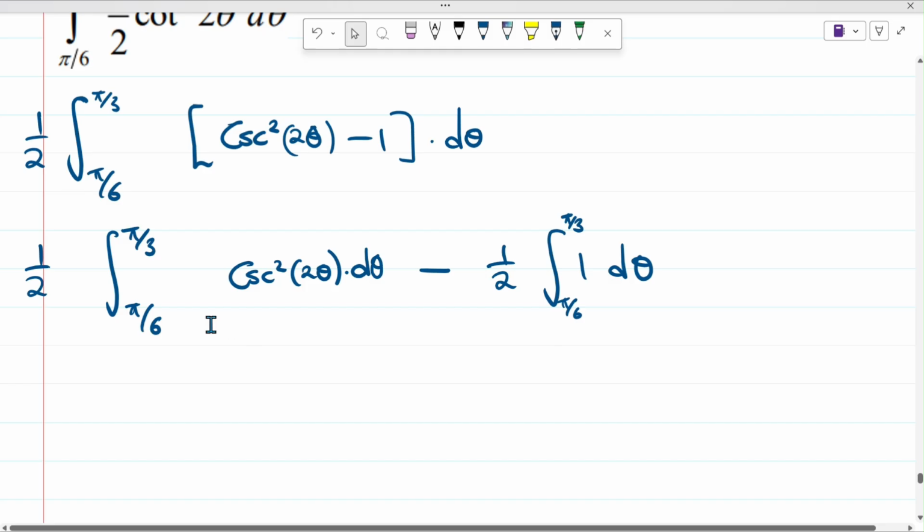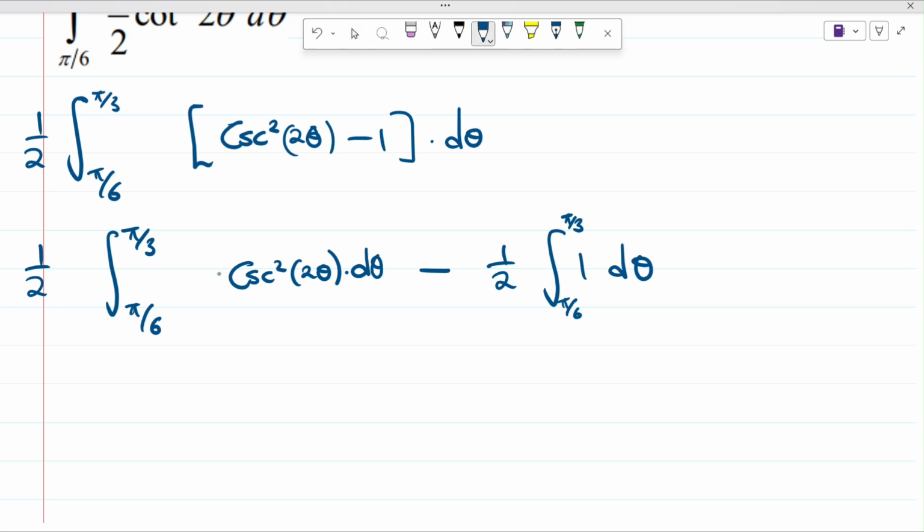So what's happening here? The thing that's happening here is that now I can see that I have a trig function here, and I know that before I could integrate, I should make sure that I have the derivative of the argument next to this trig function. So the derivative of 2 theta is what? It's just a 2, but I didn't have this 2. I should multiply by a 2 here, you understand?